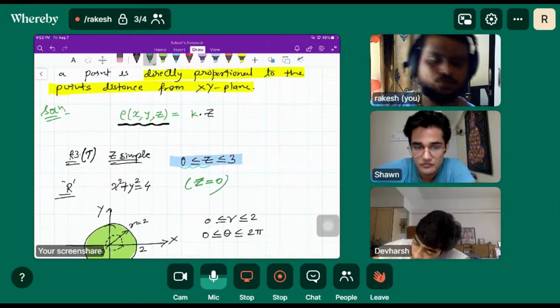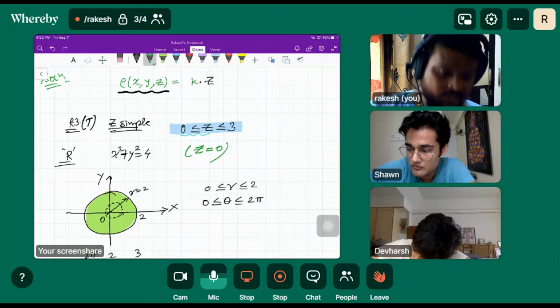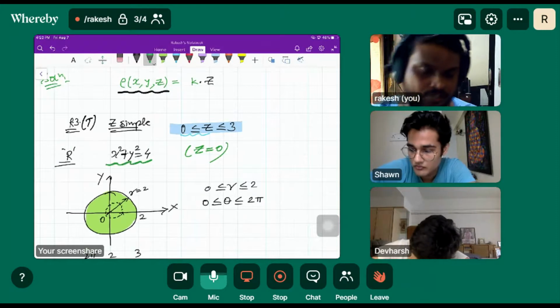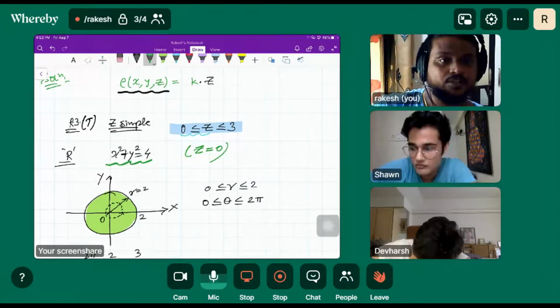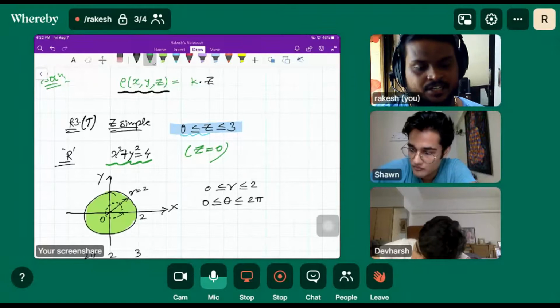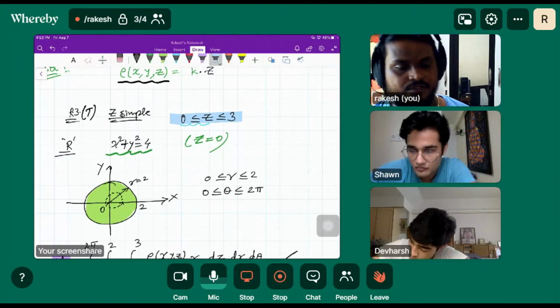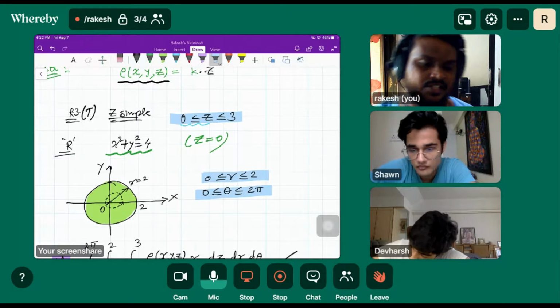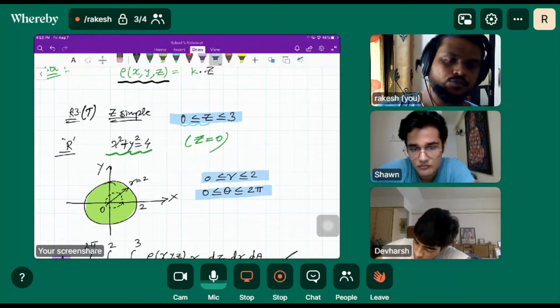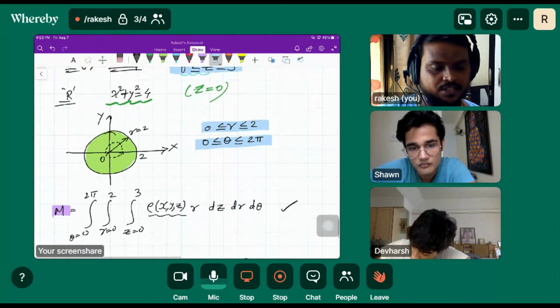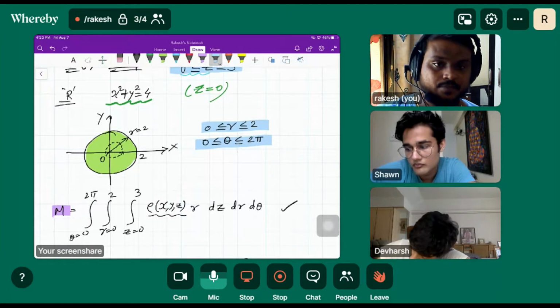So we can draw the circle, because this is the equation of a circle whose radius is 2 and origin 0, 0, and it will give us the range of r as well as theta. So r is going from 0 to 2, theta is going from 0 to 2 pi, and this is how we got the expression for mass.